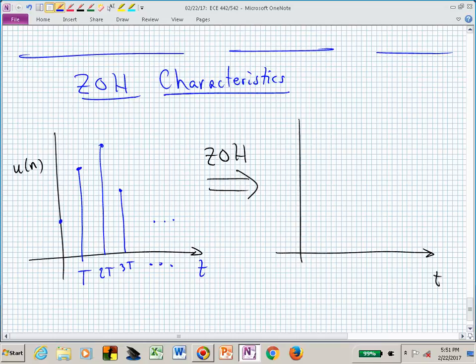So if this number is 2.7, I'm going to keep that 2.7 and apply it until I get to my next sample period T. Then at my next sample period, I'm going to obtain another value, another number, consistent with my U of N, my sequence of numbers, and then I will hold that constant until the next sample period, 2T, and at that point somebody gives me a new number, and I hold that for one sample period, and then at 3T somebody gives me another number and I hold that constant.